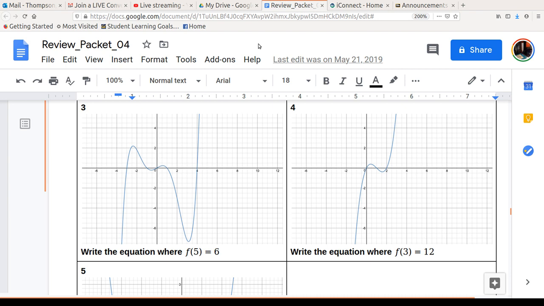That's the end behavior of this function. So it has to be an odd polynomial because of that behavior. And specifically, the leading coefficient has to be positive. If it was negative, it would start up here and run out here.